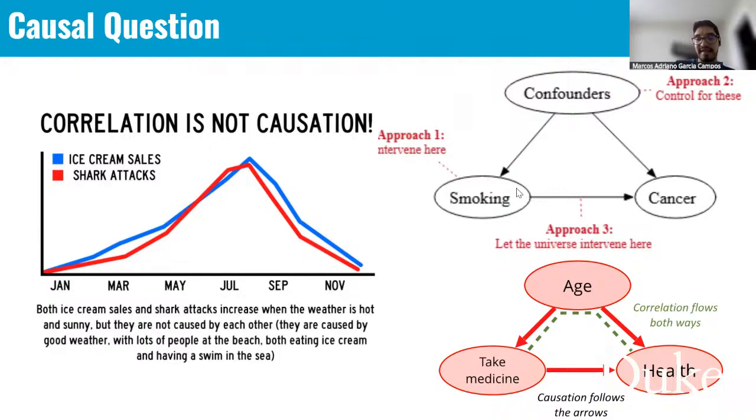This is an example where I have smoking causing lung cancer, for example, but I have confounders, for example, age, or other exposures that can explain both. One association with lung cancer, for example, is drinking coffee. But we know there is no biological sense in drinking coffee causing lung cancer.